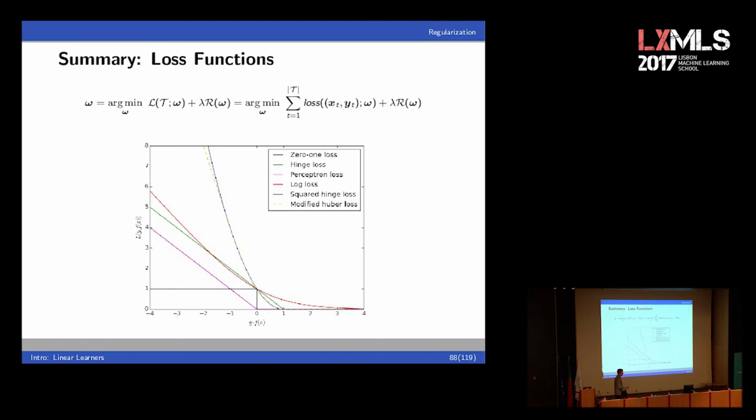The difference of the losses is if you know something about your classification problem. For example, if you know that it's a good idea, as soon as you make an error, to really penalize the model very hard, then it's maybe a good idea to have a loss function that has a quadratic loss.